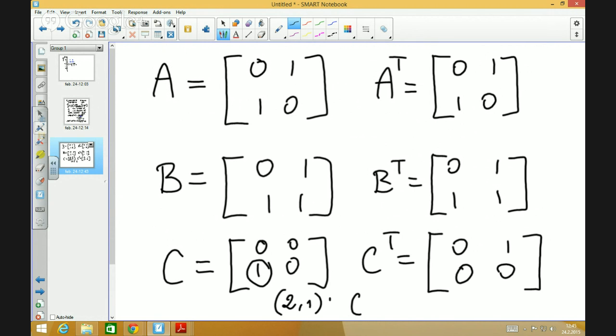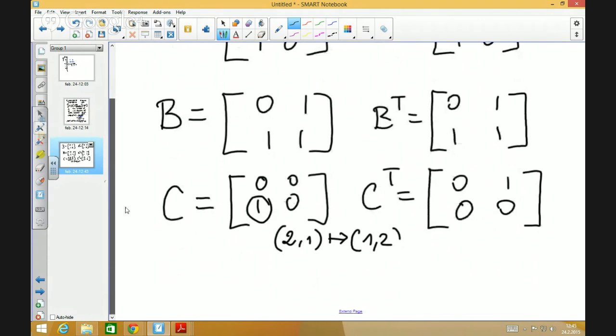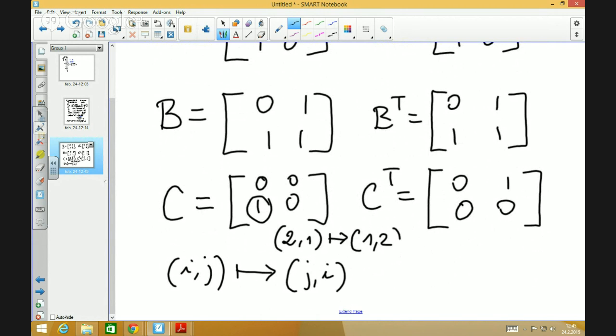This becomes the entry in the transpose at position 1, 2. In general, when you're doing the transpose, if you have an entry at position ij in your matrix, this will go to position ji. That's the rule for forming the transpose. So if you take, say, a two-dimensional array, you want to build a transpose of it, well, that's easy peasy. You just apply this rule at all of the entries.